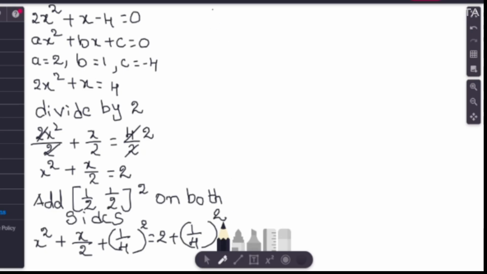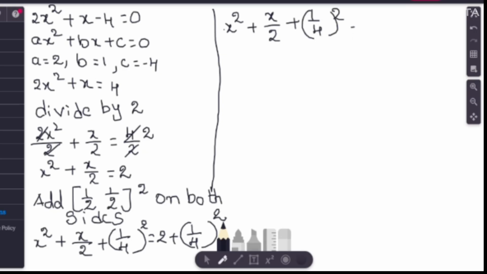After that, I am writing here, you see. Here x square plus x by 2 plus 1 by 4 whole square we got. And right hand side you see 2 plus 1 square is 1, 4 square is 16. Now this is like a square, b square we got.